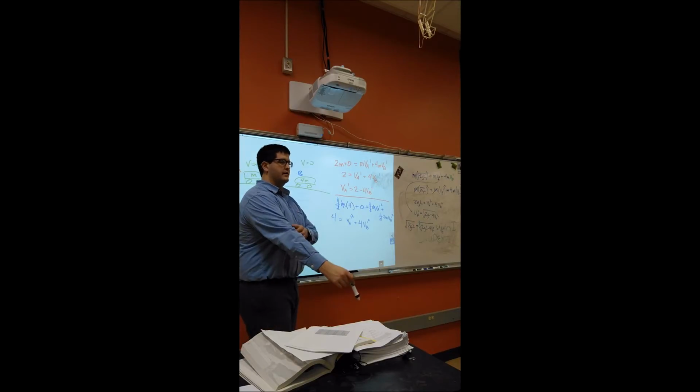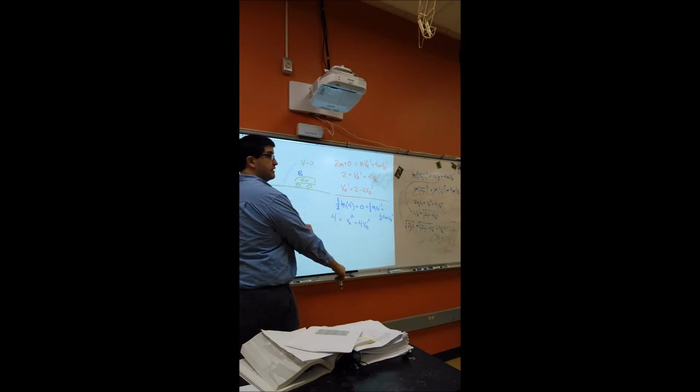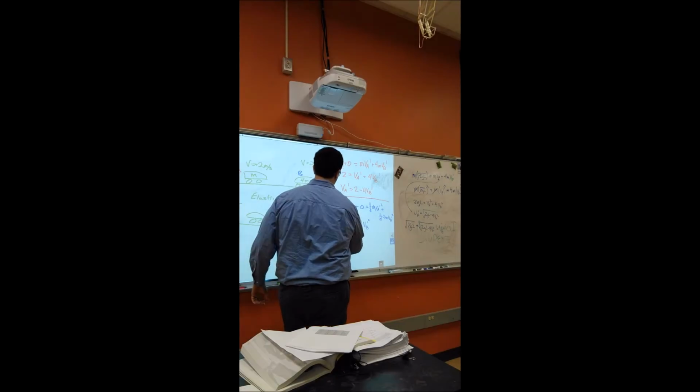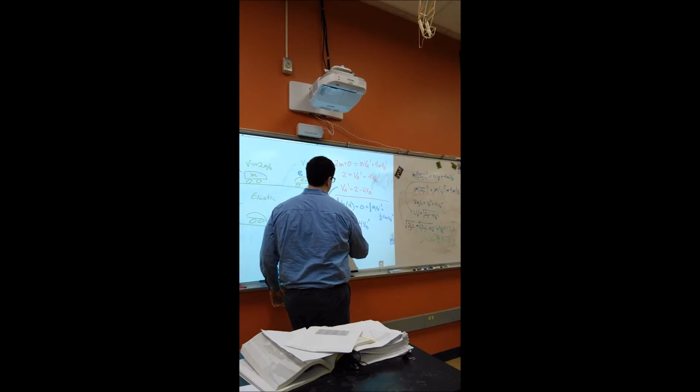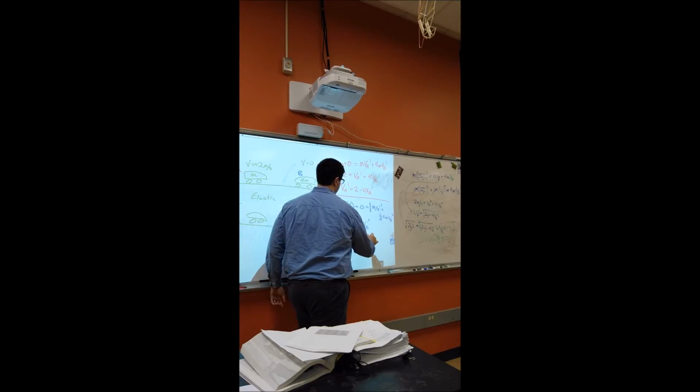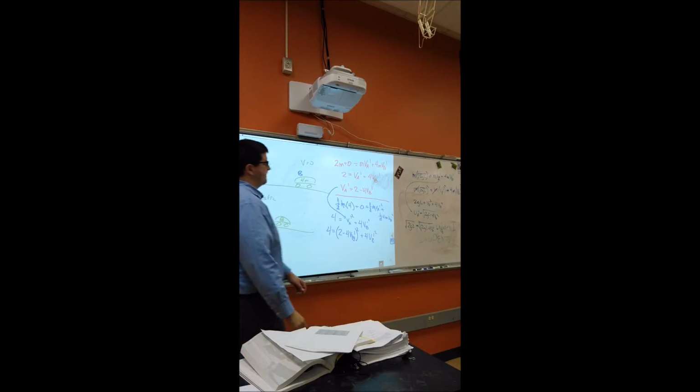Does that make sense? Let me just walk you through that really quick. So we end up with 4 equals va, so plug va right here. And so we get then 2 minus 4 vb prime squared plus 4 vb prime squared.